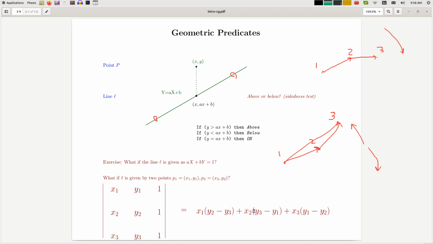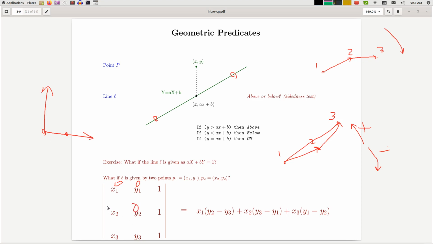I think in this formulation, this way is positive and this way is negative. We can check that if you set x1 to be the origin, which means that x1 and y1 are 0, and x2 is 1 and y2 is 0.